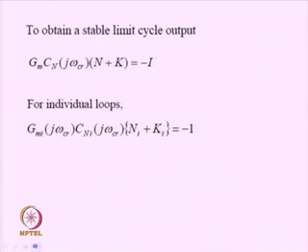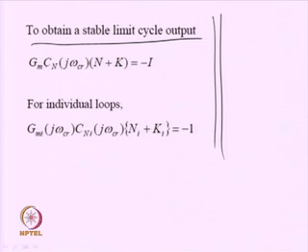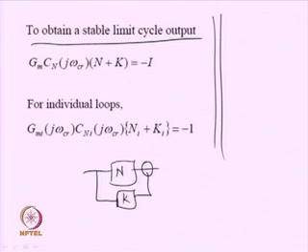Now, let us go to a little bit of analysis. To obtain a stable limit cycle output, definitely the loop characteristic equation is to be taken care of. From the loop characteristic equation, I can get Gm Cn times Cn j omega Cr times N plus K is equal to minus I. How are we getting that analytical expression? I have N here in parallel with the K, and I have Cn here, and I have Gm.